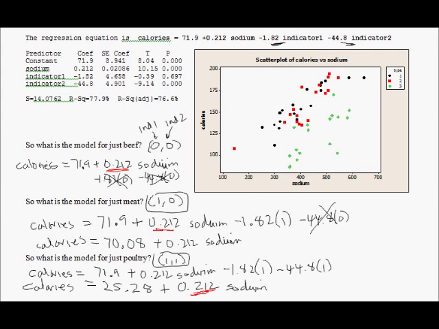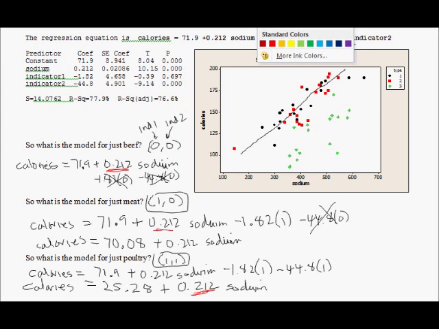So for these models, for my beef, it's the highest slightly, right? So the beef is right here somewhere.